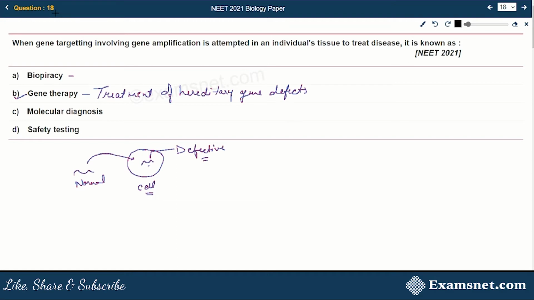Now what is biopiracy? Biopiracy means unauthorized use of bioresources. Suppose there is a bioresource, it can be anything, be it rice or any other, and it belongs to a certain country.